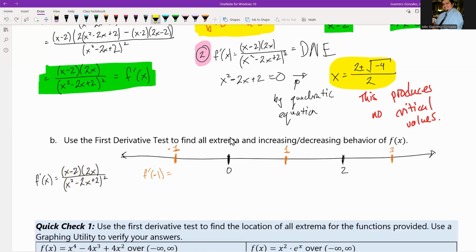Hopefully that makes sense for everybody. So it's a -1 minus 2, that's a -3 times a -2. So this is going to be positive. So we know at least that much for now. We'll move on.